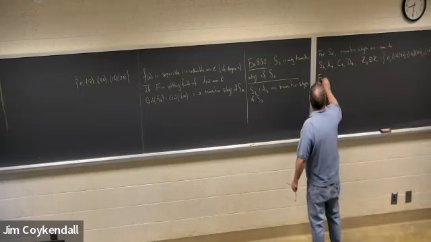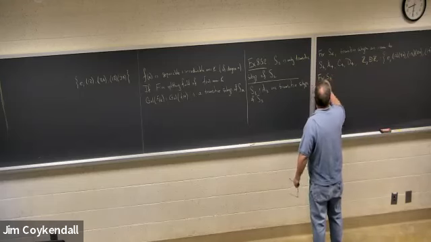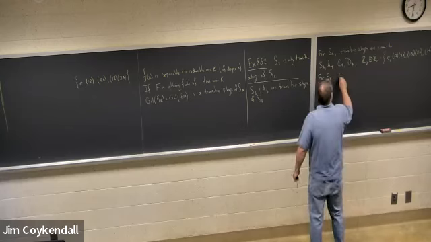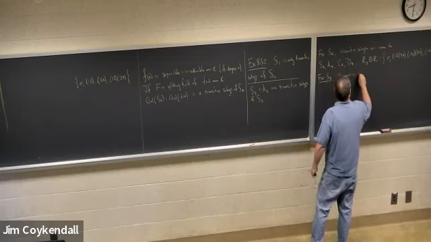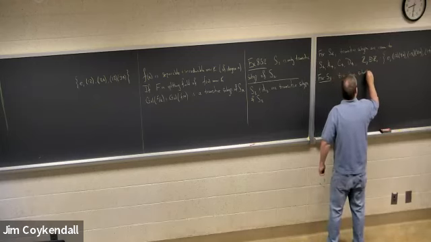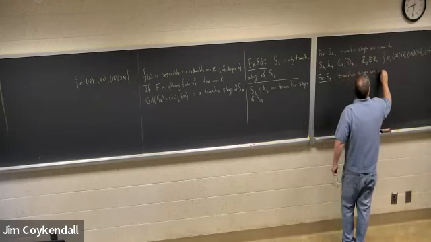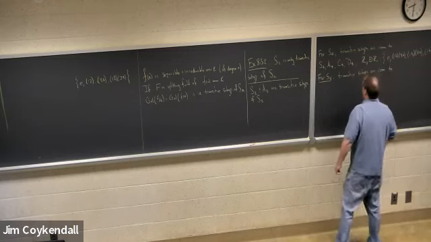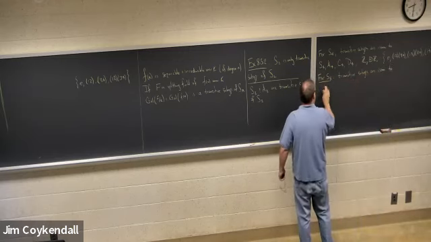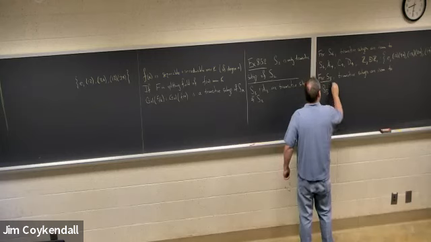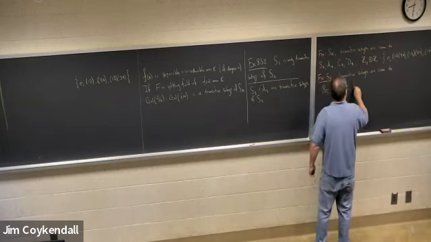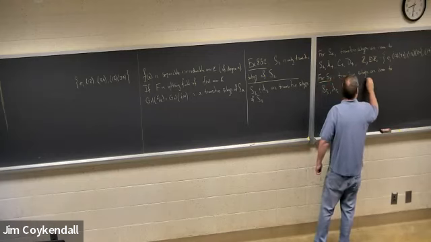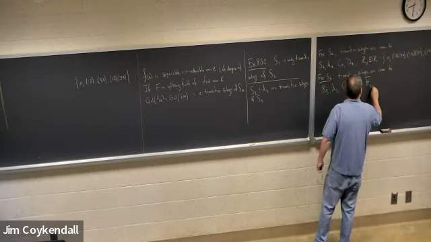For S5, the transitive subgroups are isomorphic to S5, A5, cyclic of order 5, dihedral of order 10, and the Frobenius group of order 20.